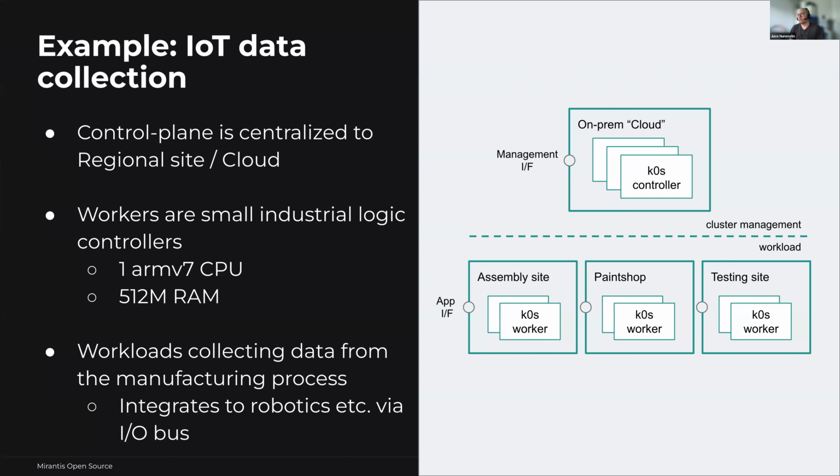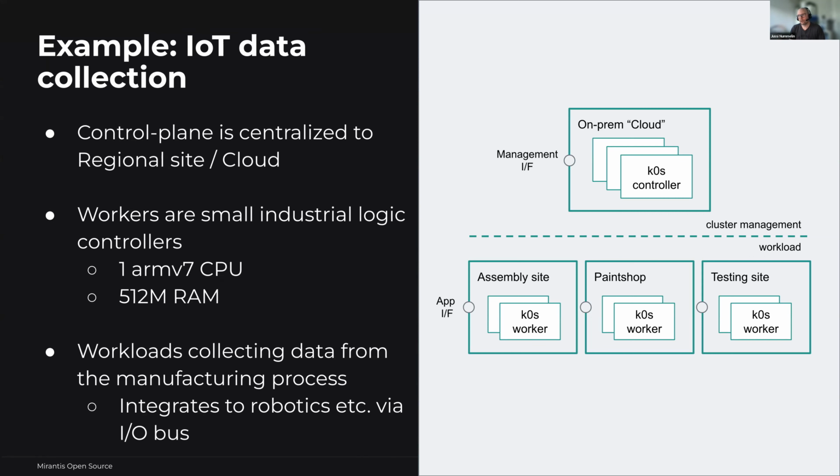But anyway, the worker plane is then split into different sites, and a site in this case is either a factory or a part of a factory. So it could be the paint shop part of the factory, or the assembly part of the factory, or the testing part of the factory.